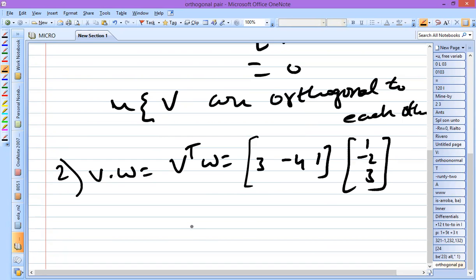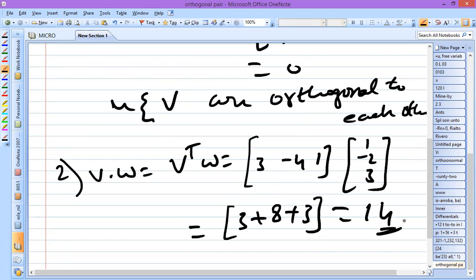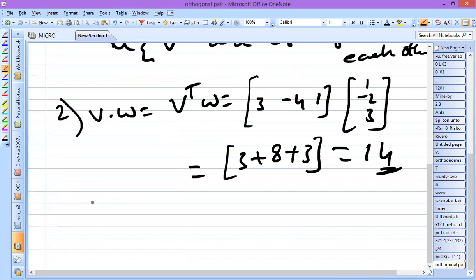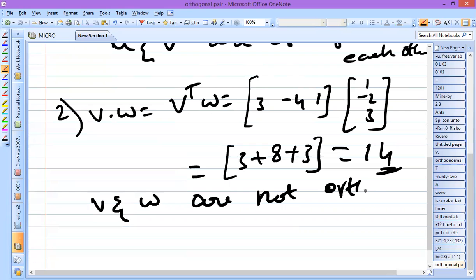It is 3 plus 8 plus 3. That is, it results in the value 14, right? So you can say that V and W are not orthogonal to each other.